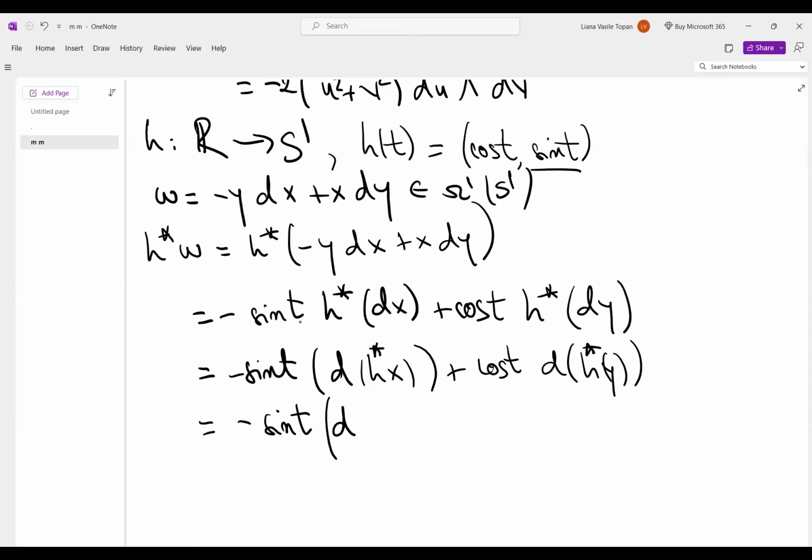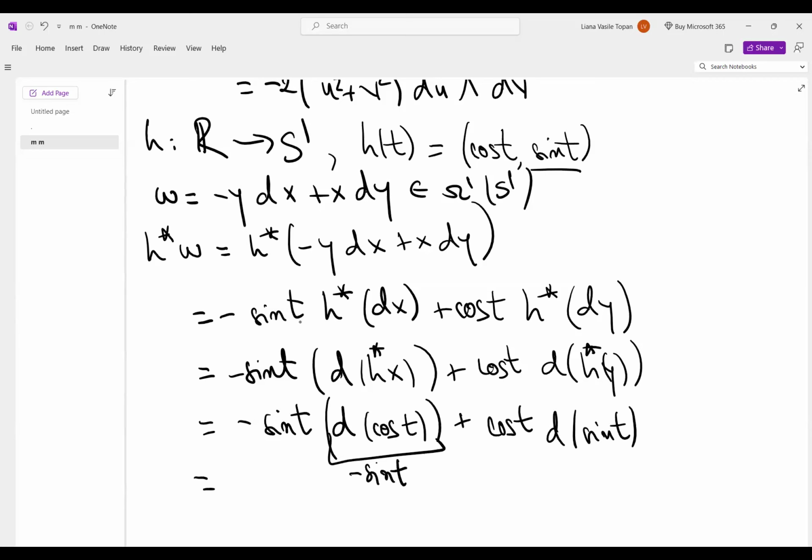This is x of h, so that's the differential of cosine of t, plus cosine of t, the differential of sine of t. Now this is minus sine of t dt, and this is cosine of t dt, right?